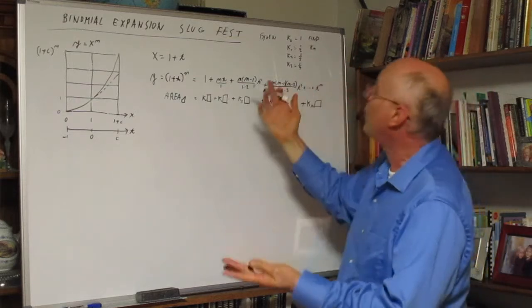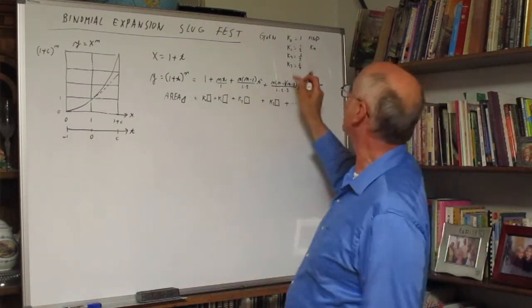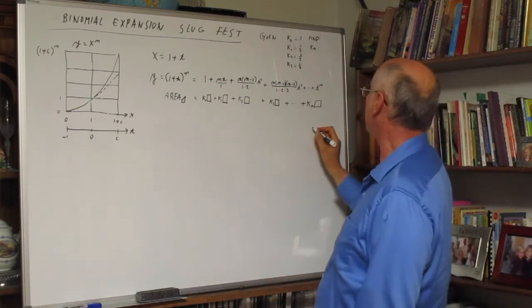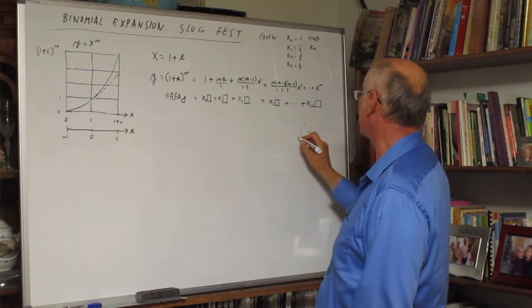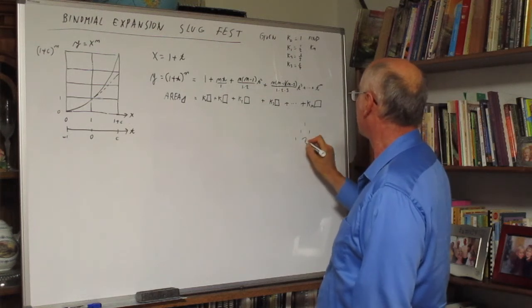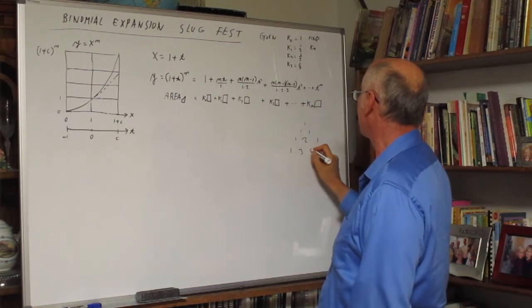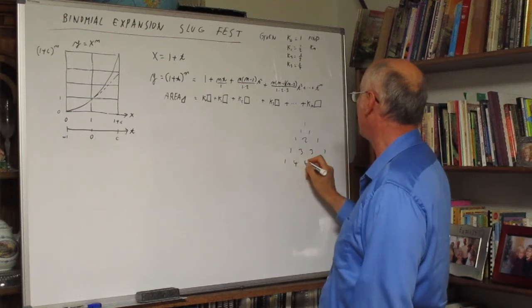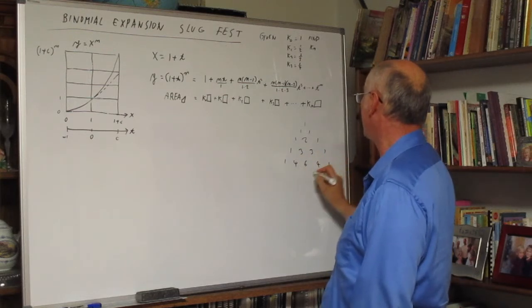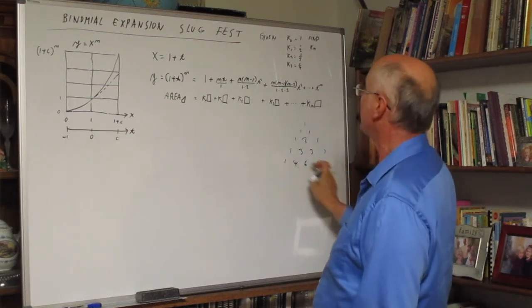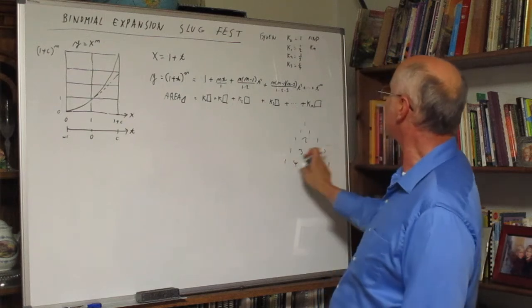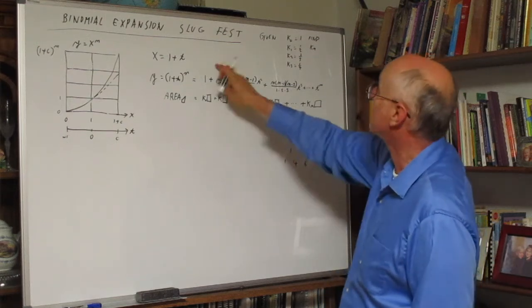And so the formula for these various factors is 1, 2, 1, 1, 3, 3, 1, 1, 4, 6, 4, 1, and so forth. These factors here are the binomial factors.